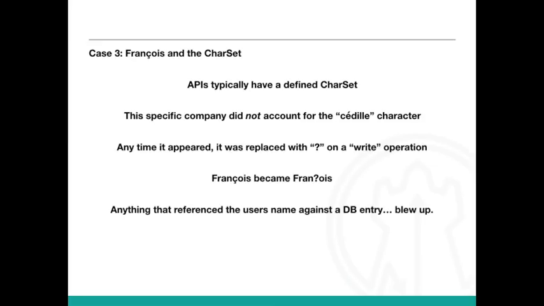So it's polling the database, looking for that individual, and then doing a comparison. But anytime somebody entered the name Francois, or anything with an unrecognizable character, when it was compared against what was machine writable, the version with the question mark, those two would never match. So that individual will unfortunately never be able to log into the system.